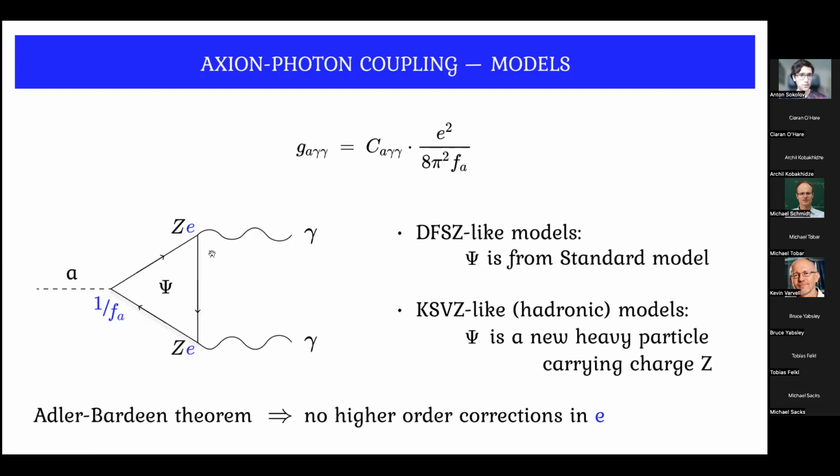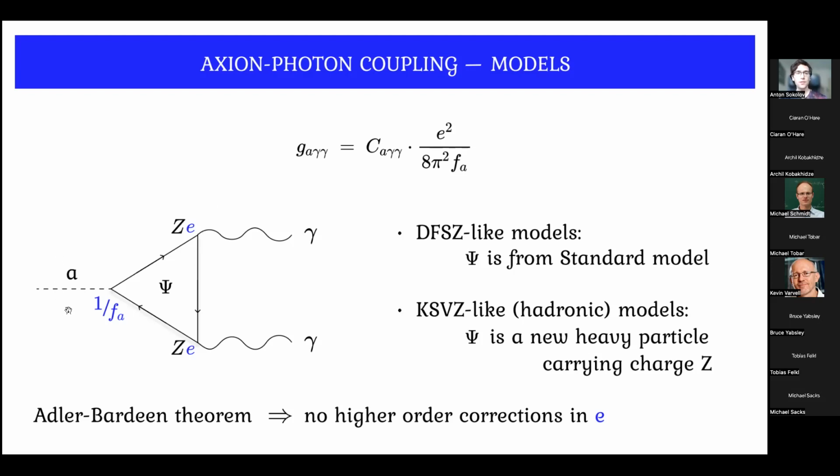So we have to consider this triangular diagram, and in the limit where the mass of this particle is very large, this diagram is just given by the anomaly. And from the Adler-Bardeen theorem, we know that the anomaly does not receive any higher order corrections in e.